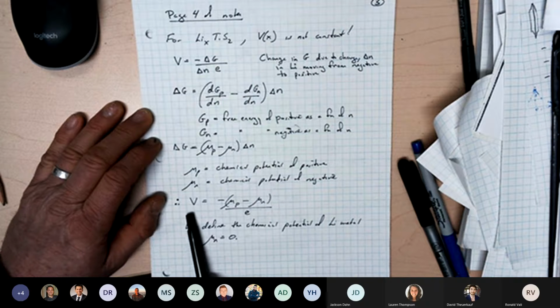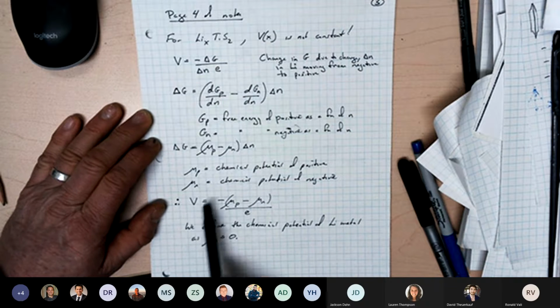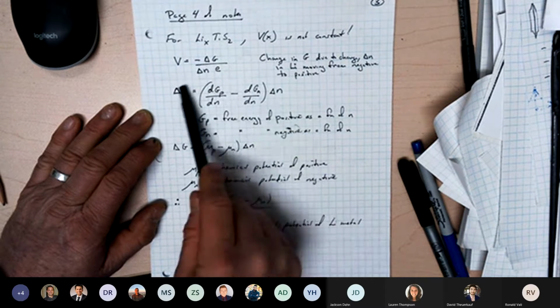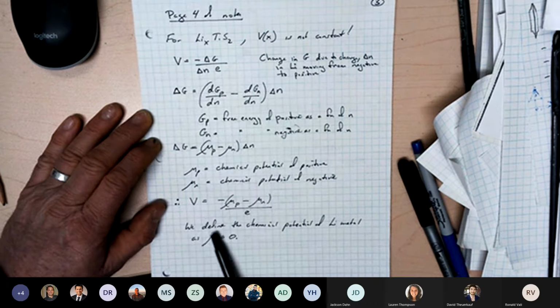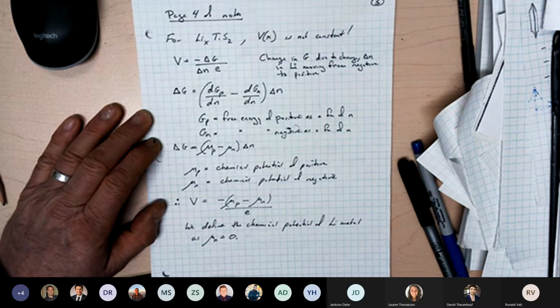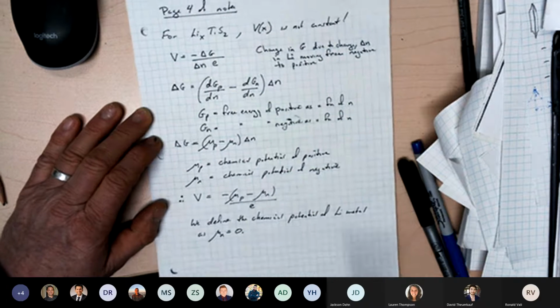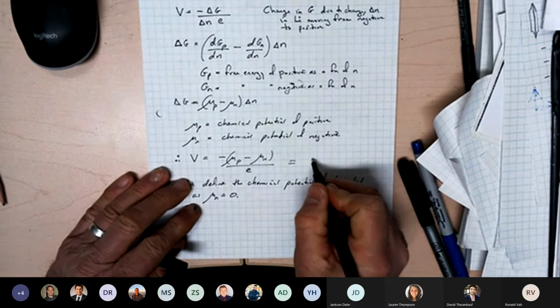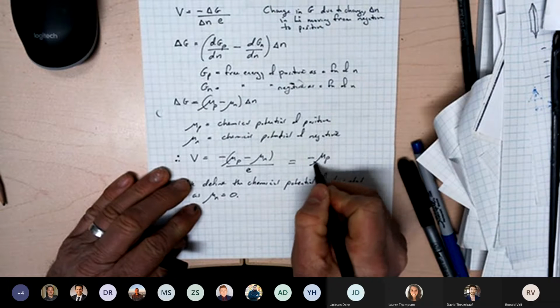And that means the voltage, which is minus delta G over delta N, you bring the delta N over here. You get the voltage is minus the difference in chemical potentials divided by the electron charge. And if we use lithium metal as the negative, we define the chemical potential of lithium metal as 0. So if we're measuring relative to lithium metal, this is just minus mu P over e.